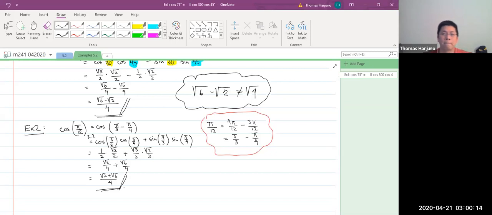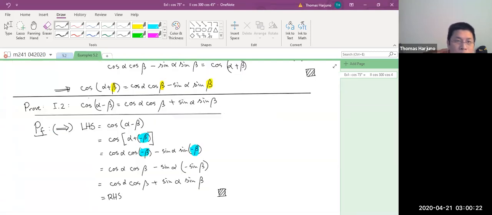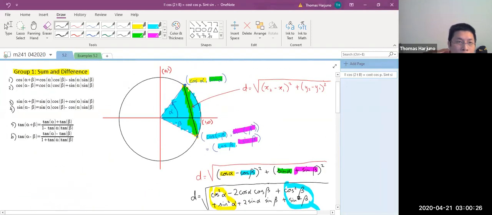Okay. Now, furthermore, I will just use these 2 formulas here, the cosine of sum and cosine of difference for now. We proved these 2 already, and we apply them to examples.